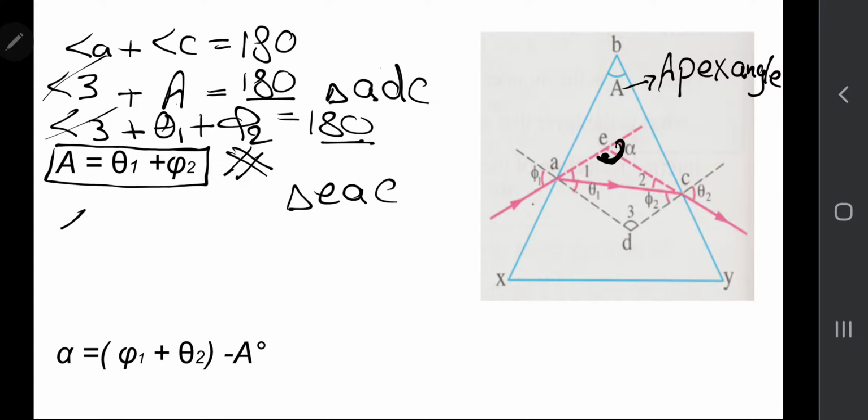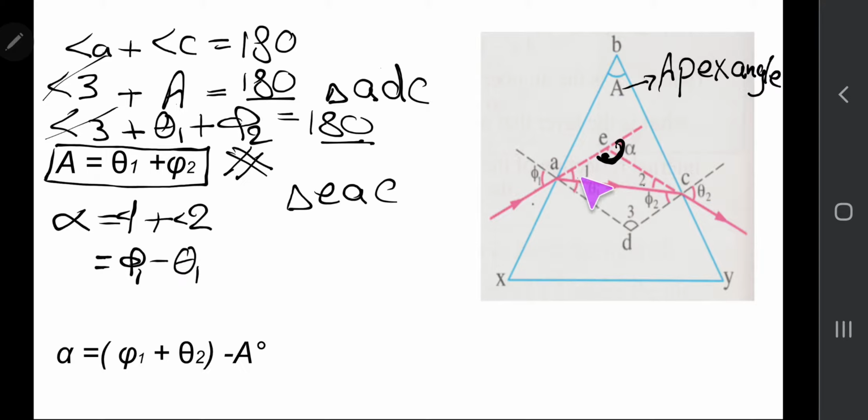So we want alpha, the external angle, to equal angle 1 plus angle 2. Angle 1 equals phi 1 minus theta 1.